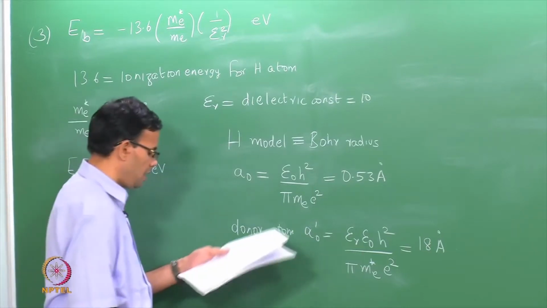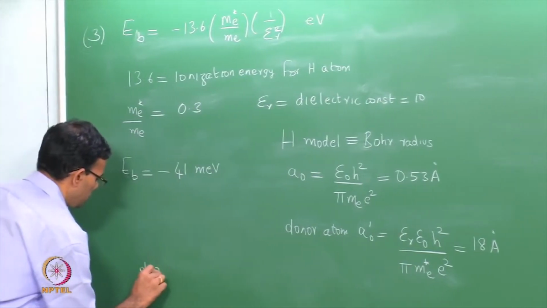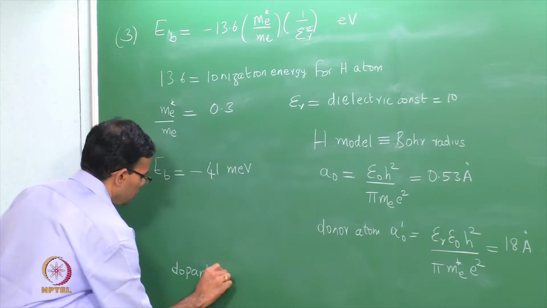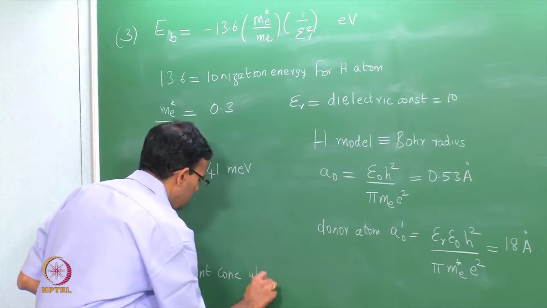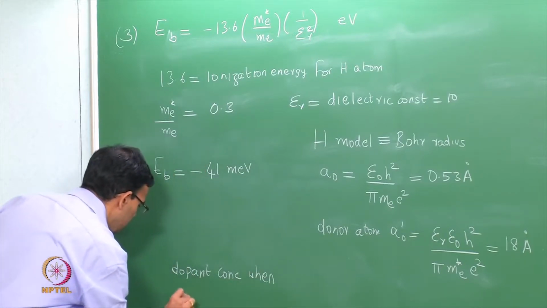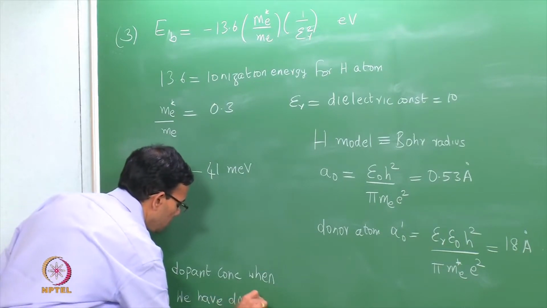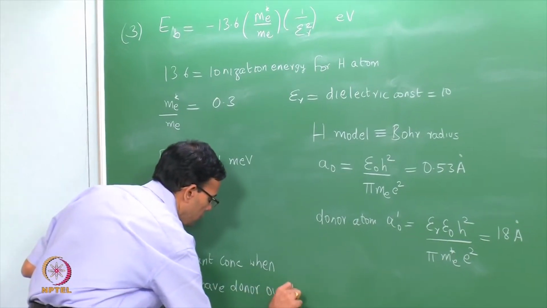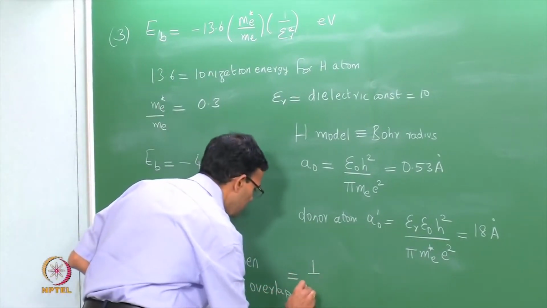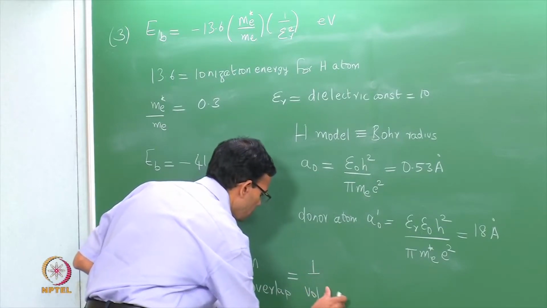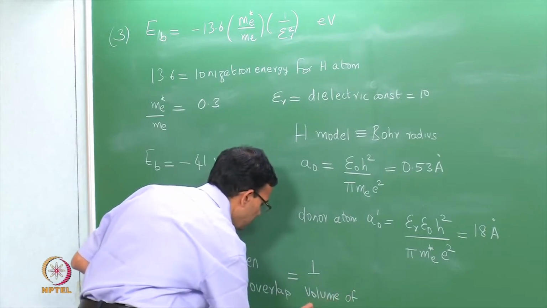To calculate the dopant concentration when we have degenerate semiconductors, I will call it donor overlap. It is nothing but 1 over the volume of the dopant (atom).